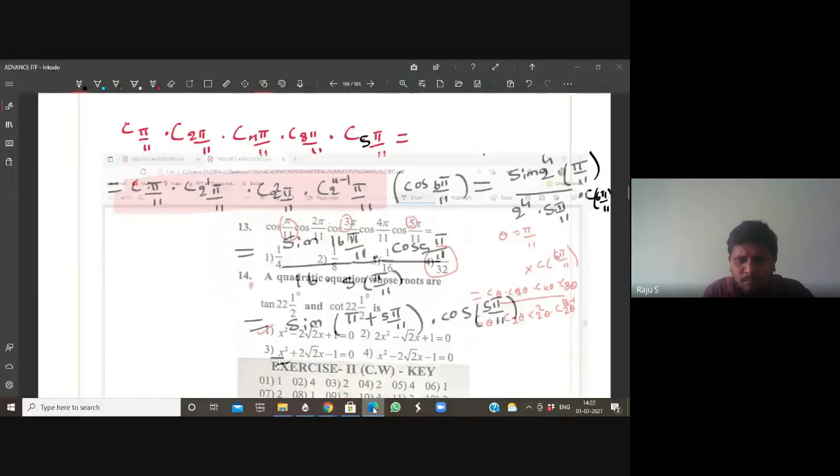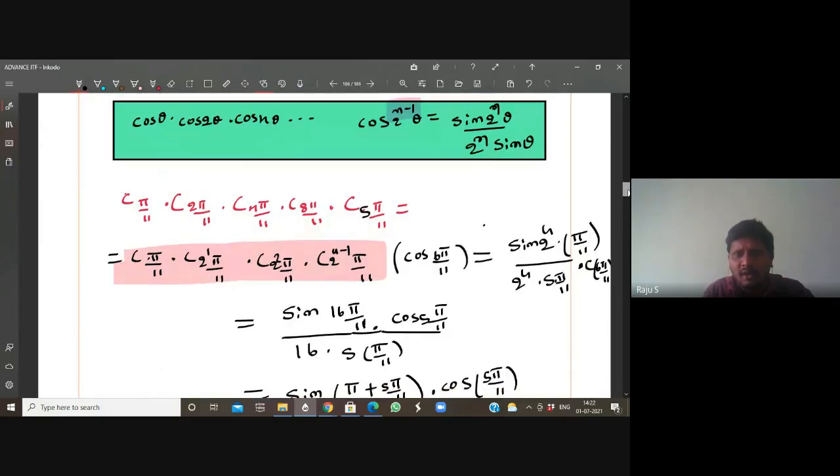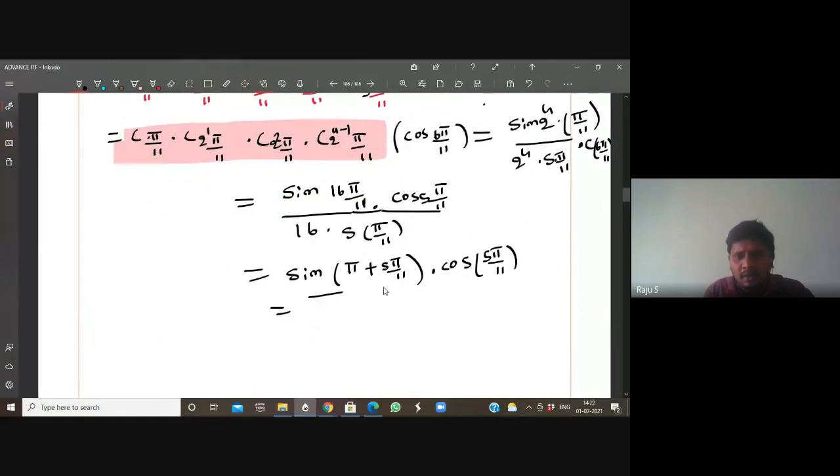Yes, sir. See here, I have written like this. I applied this property, then this property. Finally, we got sine of 16 pi by 11 divided by 16 times sine pi by 11. So what about this value, sine of pi plus 5 by 4? Pi plus theta.